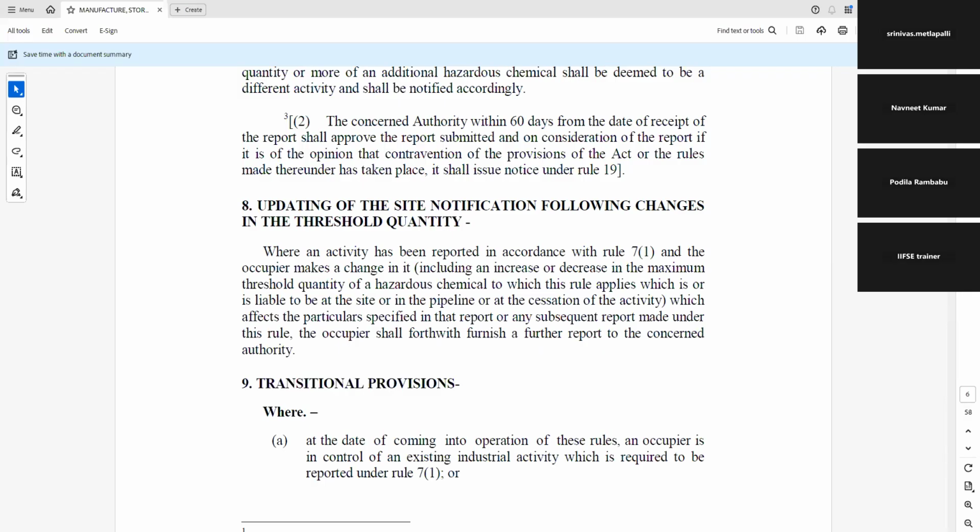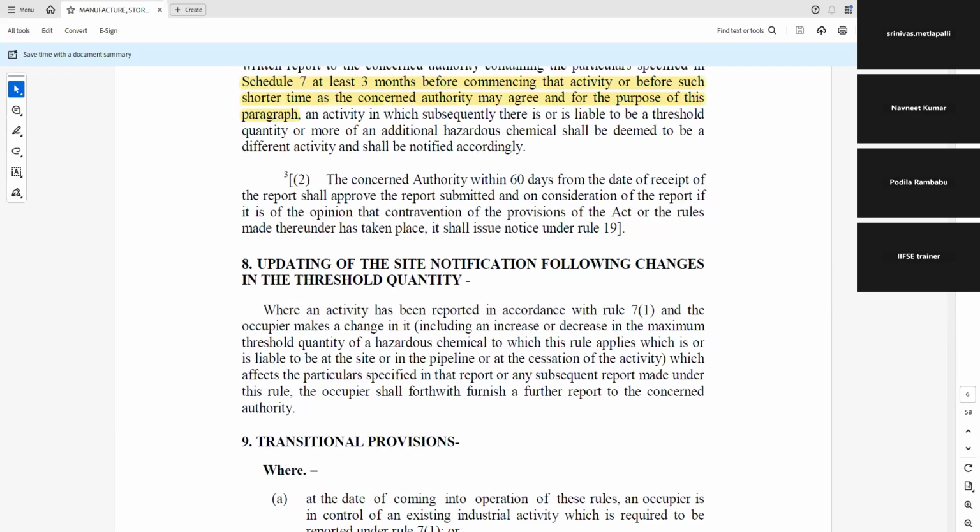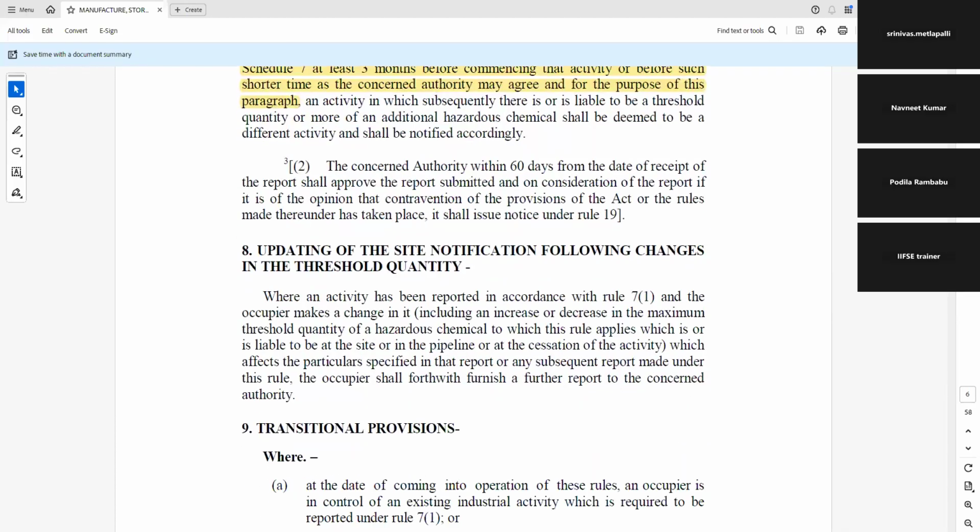In case of any changes in the quantities of your storage, where an activity has been reported in accordance with Rule 7.1, which is what we are talking about, 3 months before, and the occupier makes a change in it, including an increase or decrease in the maximum threshold quantity of the hazardous chemical to which these rules apply, which is or is liable to be at the site or in the pipeline, or in the cessation of the activity, which affects the particulars specified in the report or any subsequent report made under these rules, the occupier shall forthwith furnish a further report to the concerned authority.